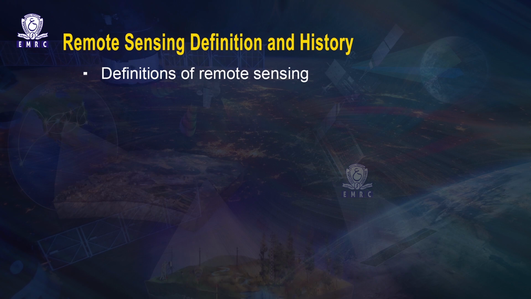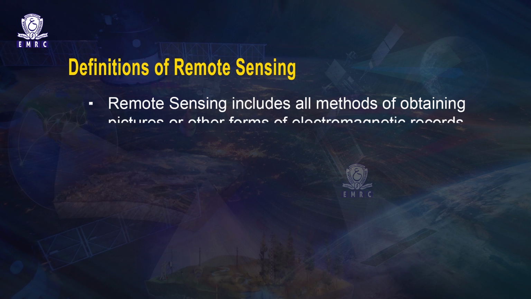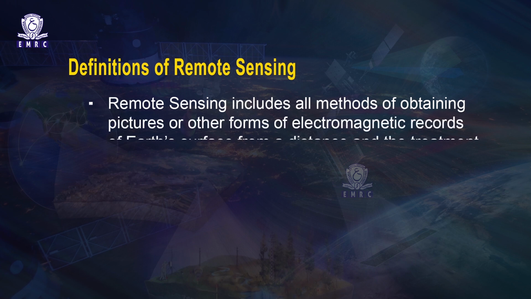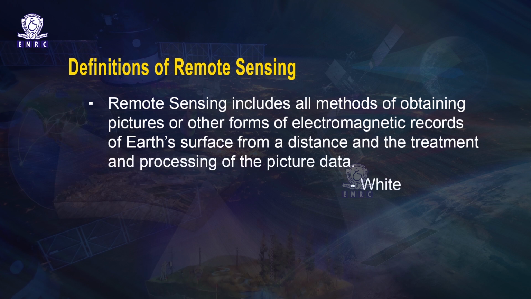Definitions of remote sensing. From the following definitions, we can have a better understanding of remote sensing. According to White, remote sensing includes all methods of obtaining pictures or other forms of electromagnetic records of Earth's surface from a distance, and the treatment and processing of the picture data.